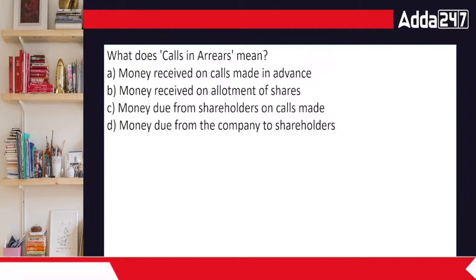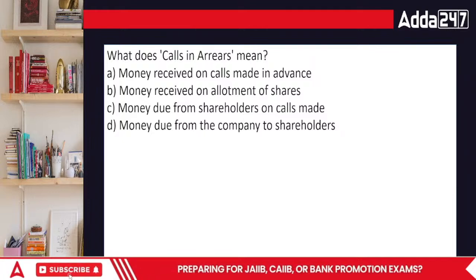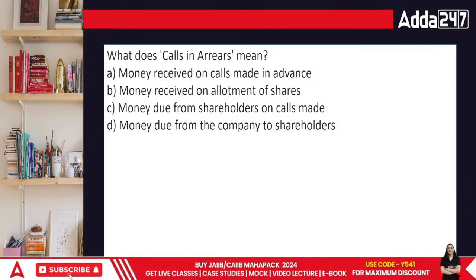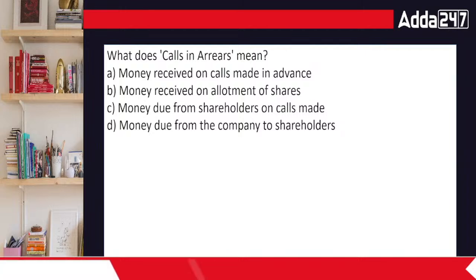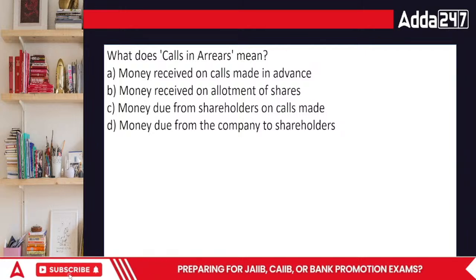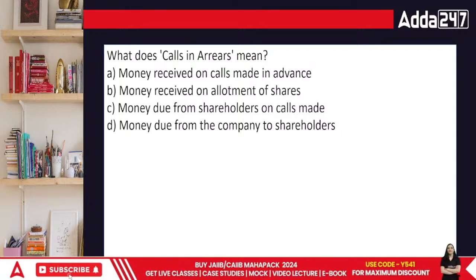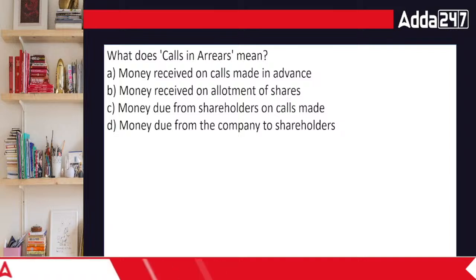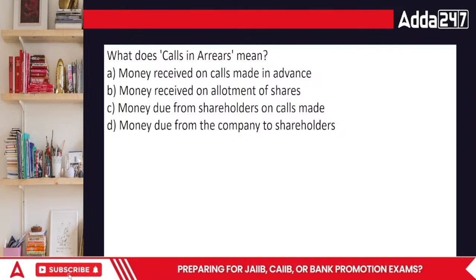What's the answer, everyone? Calls in arrears means the money that we are supposed to receive. Money received on calls made in advance, no. Received on allotment of shares, no. Now, money due from the shareholders on calls made. Basically, we have asked them to pay, but they haven't paid it.